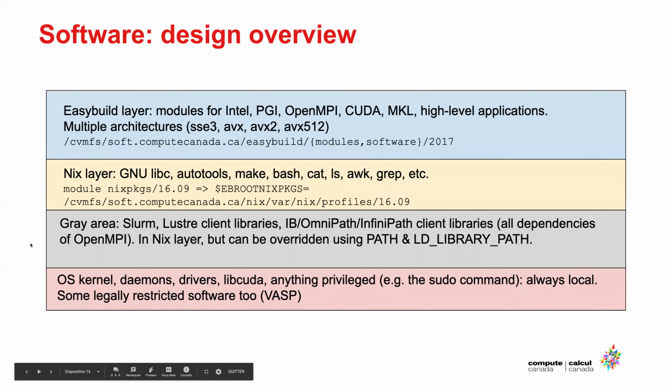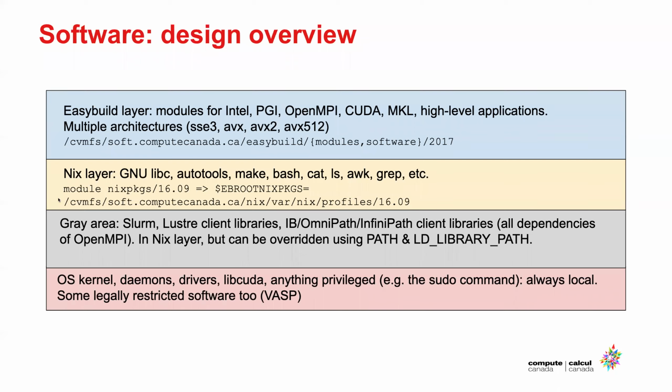Then in the gray area, we have things like Slurm and Lustre client libraries that are needed to build, for example, OpenMPI. We have a version that is on Nix that is distributed by the CVMFS file system, but at runtime it gets shadowed by what's installed on the cluster. We need to make sure that they're compatible, but usually it's not an issue.